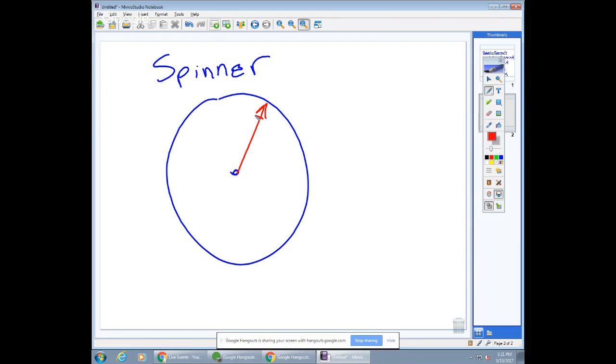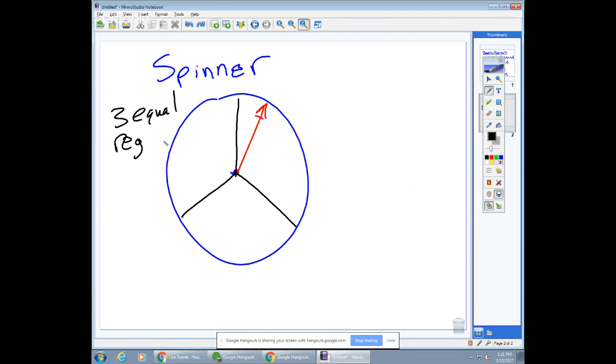So what did you say the sample space was? Sample space is all possible events. All or outcomes, yeah. All possible outcomes. All right, so then here with our spinner, let's suppose it is split into 3 equal regions. Oops, I can't spell today.